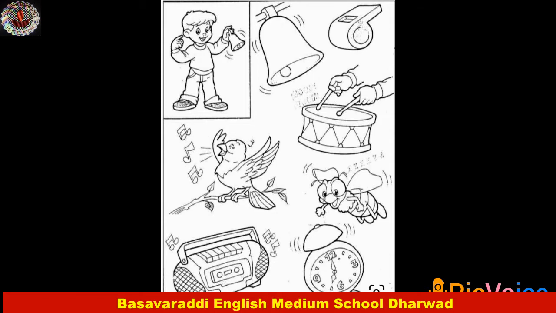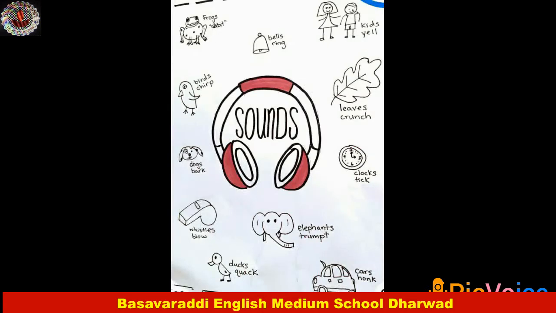Yes, these are the sounds. The next point, how are sounds made? For example, insects make a buzzing sound, frogs, rabbit. These are the sounds made by some things.